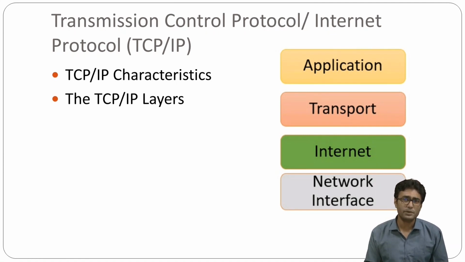TCP is a connection-oriented protocol, as we all know. TCP offers reliability and ensures that data which arrives out of sequence is put back into order. TCP also allows you to implement flow control, so the sender never overpowers a receiver with data.